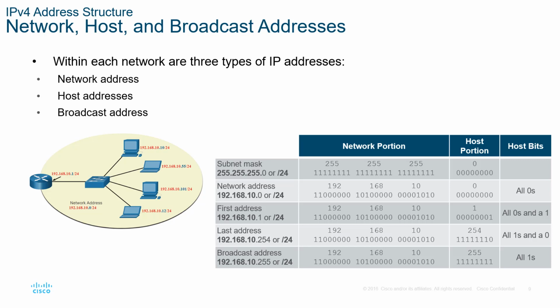The first usable address is typically 1 above the network address. The last usable address is known as the broadcast, and that's where the host portion is all 1s. The last usable address is going to be 1 less than the broadcast.